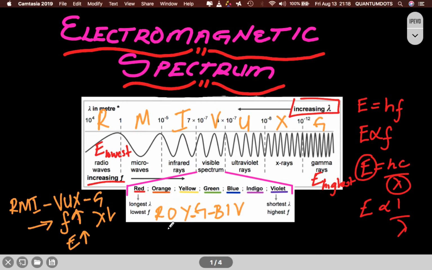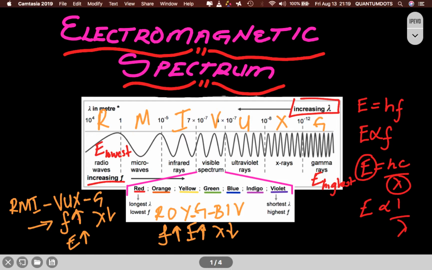And obviously from left to right, the frequency will be increasing and the wavelength decreasing, and the energy will be increasing. So you can see the frequency will increase, energy will also increase, and the wavelength will be decreasing from left to right. This is very important.